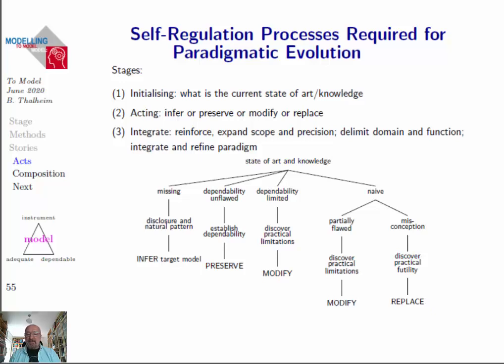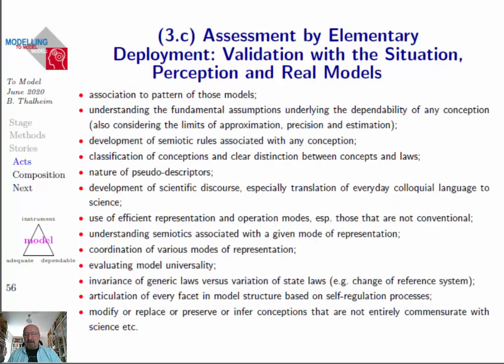In general, we have nothing else than inferring, preserving, modifying, and replacing procedures that are supporting our modeling in computer science. And then we can look for assessment. And the assessment would be nothing else than assessing the model against the potential deployment. Of course, in this case, maybe by elementary deployment.